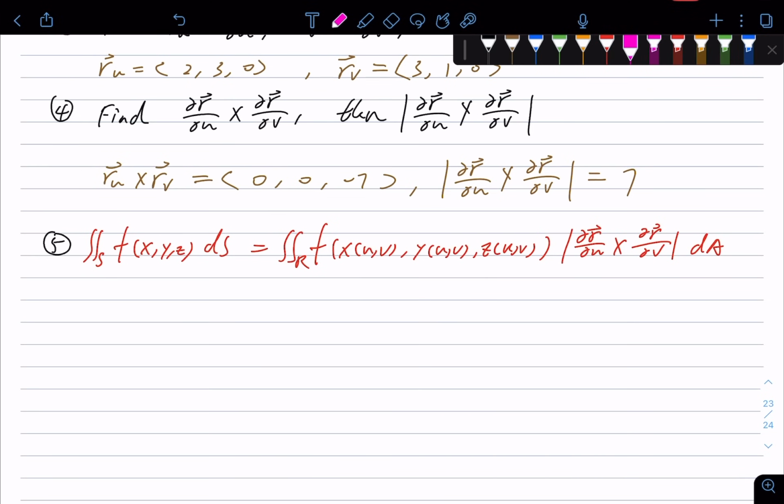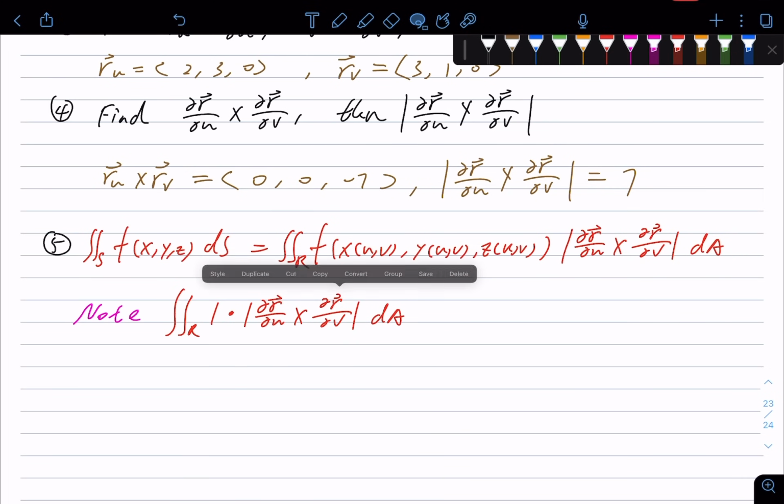And then we're going to keep in mind that this definition, with f equal to 1, equals the surface area.